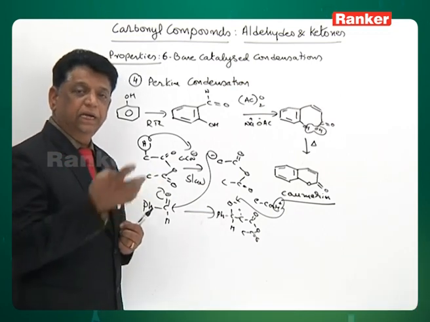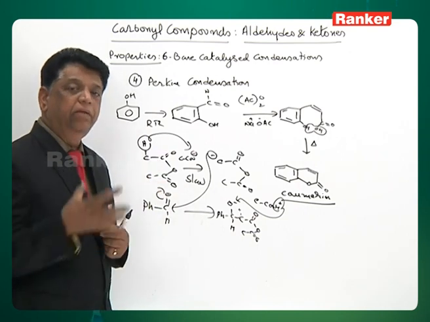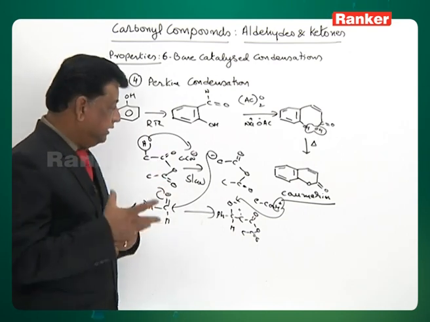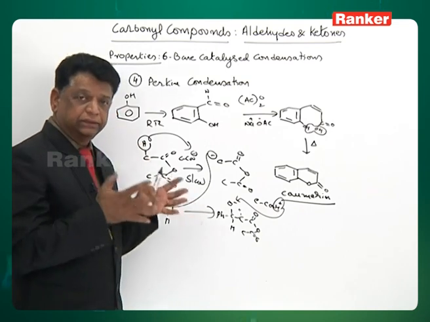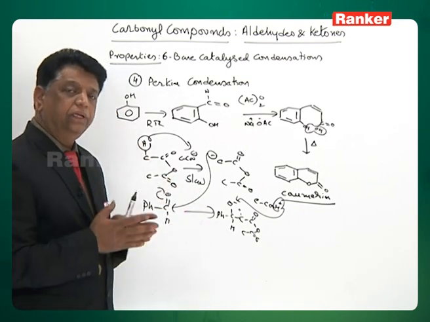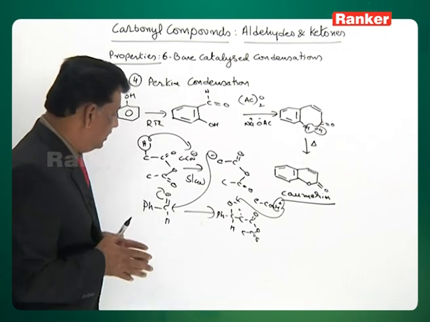Several base catalyzed reactions will follow the same footsteps of the aldol condensation. So, the simplest aldol condensation, if you master it, you can do all the reactions really excellently. Thank you.